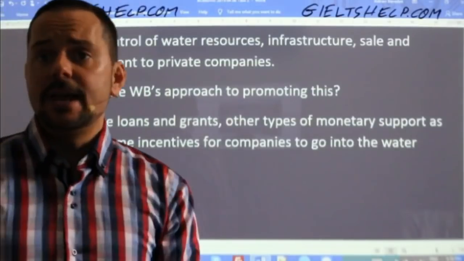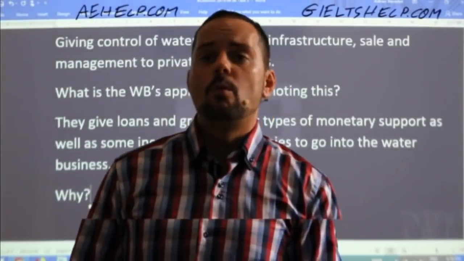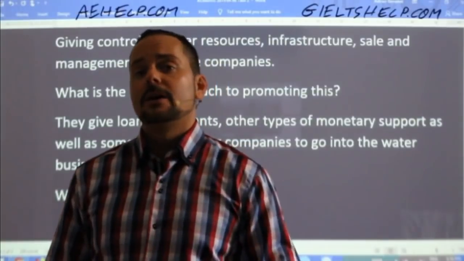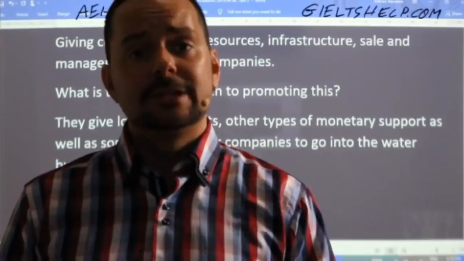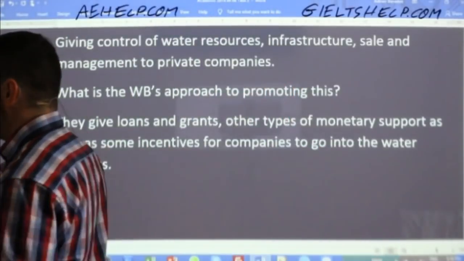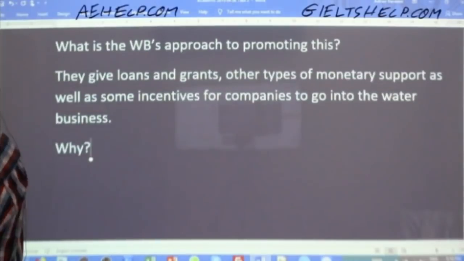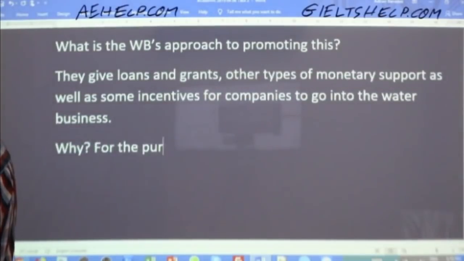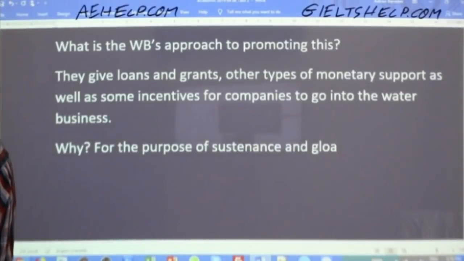Bagzod, very good. Yeah, so to make water available and make it so that people have enough water, right? Water is very important for human life and for development. And so the World Bank wants global development for the purpose of sustenance and global development.